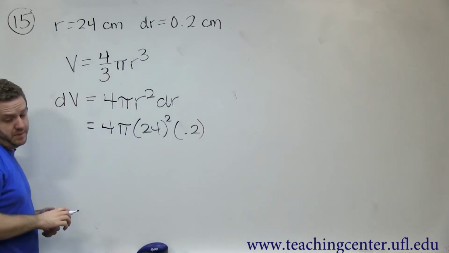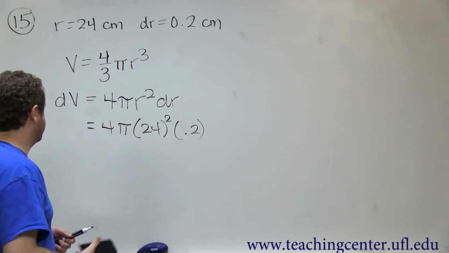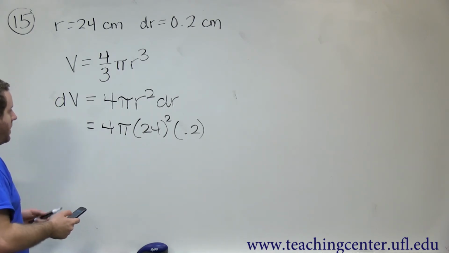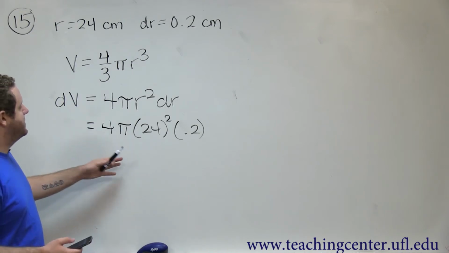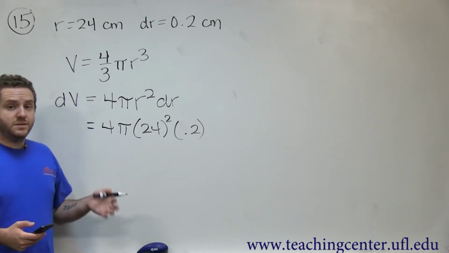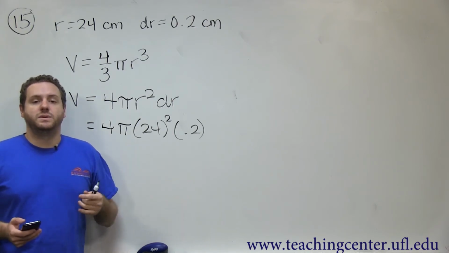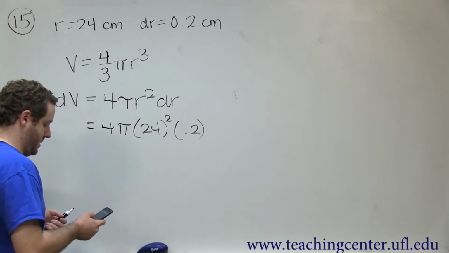That's going to be a really big number. Even if you had this on the test, you wouldn't have this big of numbers, and you would never have to put pi into the number. It would always be a number times pi as your answer.